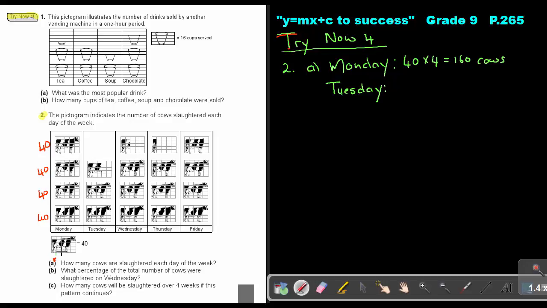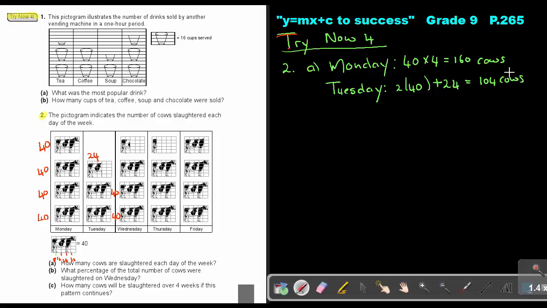Up to there 8, up to there 16, 24, 32, and then the full 40. So if it's just drawn 1, 2, 3, that will be 24, and this will be 40, this will be 40. So it will be 2 times 40 plus the 24, and that will be 104 cows.